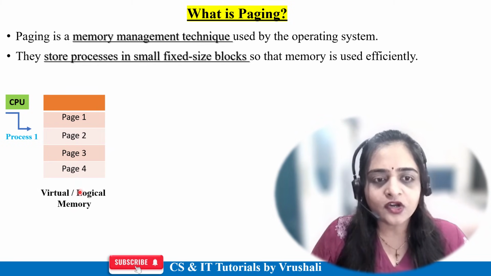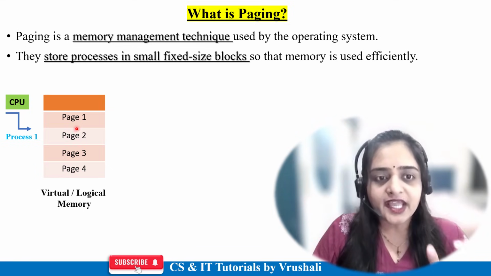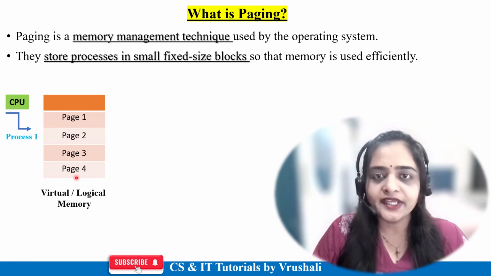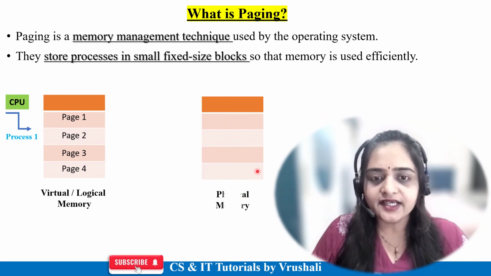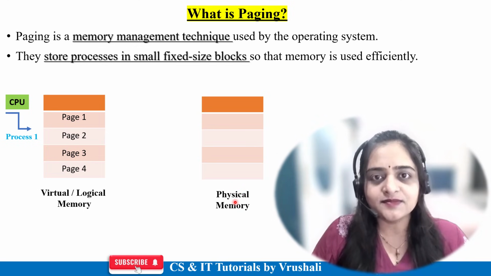This complete logical memory is divided into fixed size partitions, and every partition is called a page, like page 1, page 2, page 3 and page 4. So there are a total of 4 partitions. Clear? On the other side there is the physical memory, that is random access memory or RAM in your system.